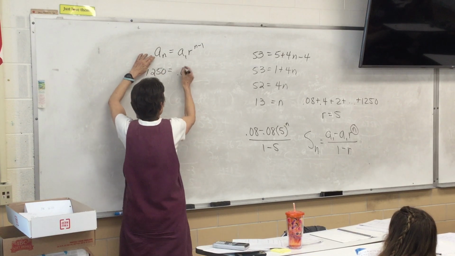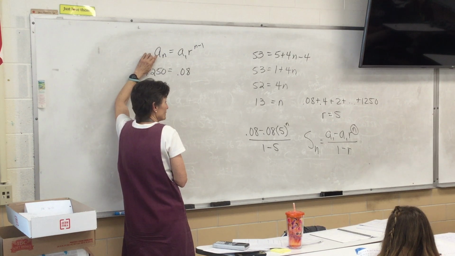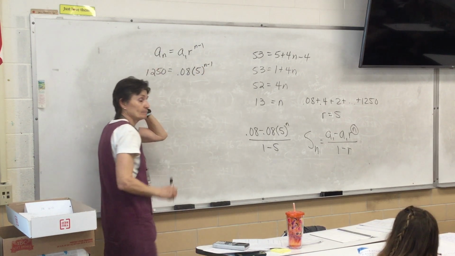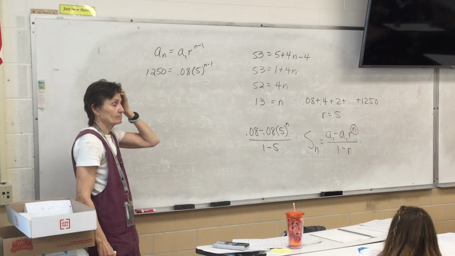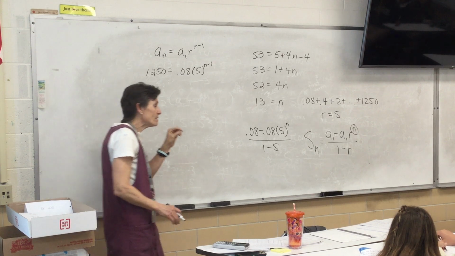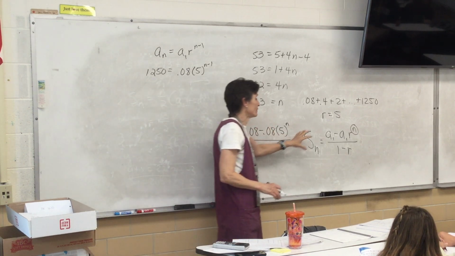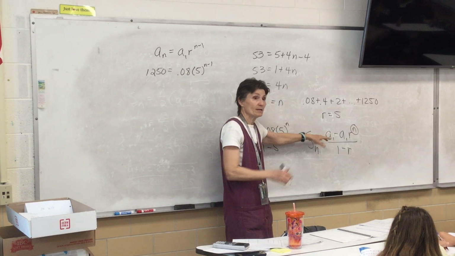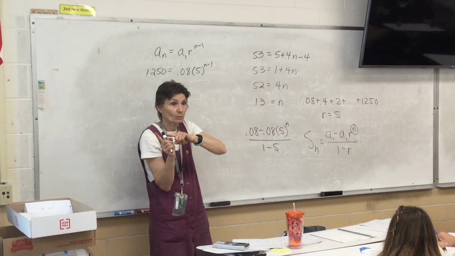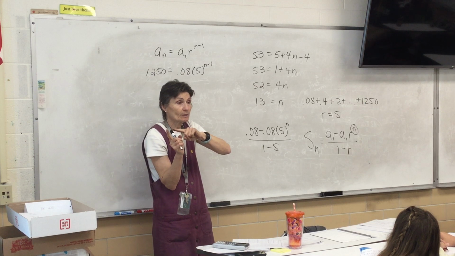The first term is 0.08. The ratio is 5. When there's a piece of information that you don't have in one formula, go to the other formula, and it will give it to you. Okay, Kai?